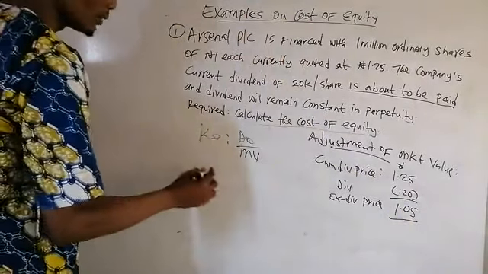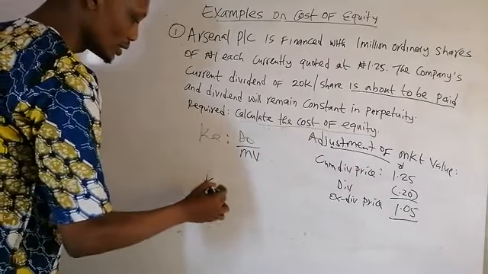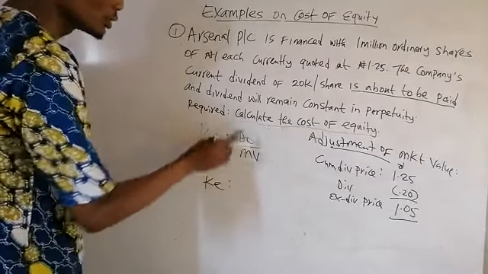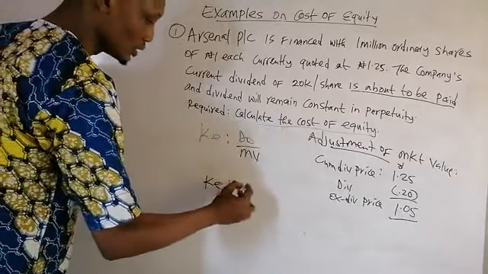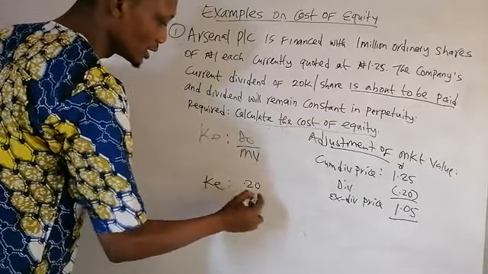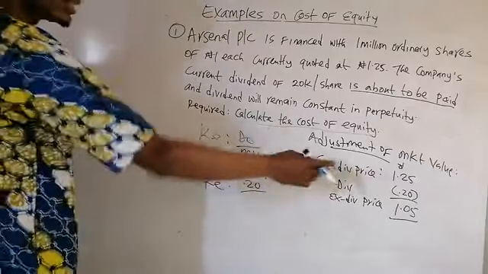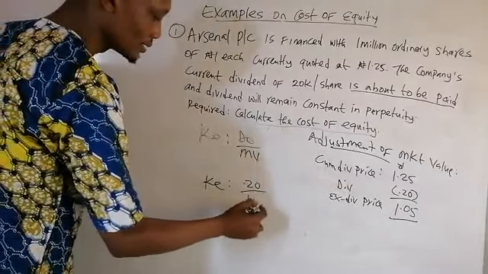So now coming back to our formula, we say Ke, that's what we are looking for, is equal to D1, the dividend given to us in the question, which is 0.20, all over the adjusted market value, 1.05.